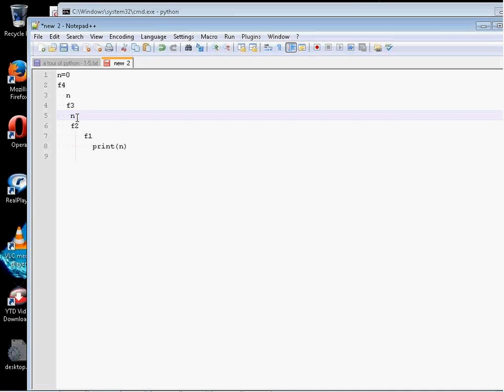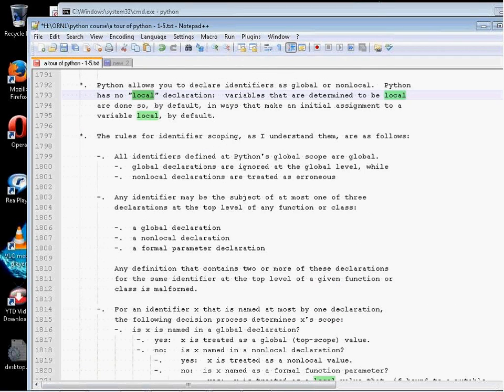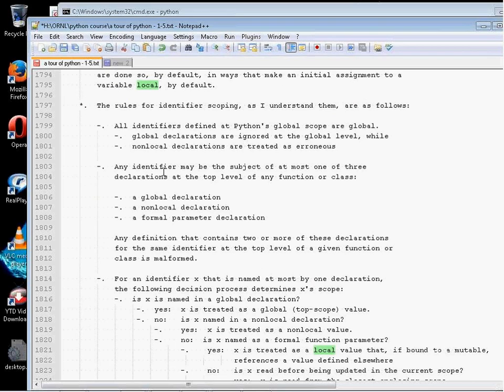Okay, so here are the rules, and we'll show some exercises. All identifiers in Python's outer scope are global. If the identifier is declared global in the global scope, that's harmless. If you say an identifier is non-local in the global scope, Python gets sick.